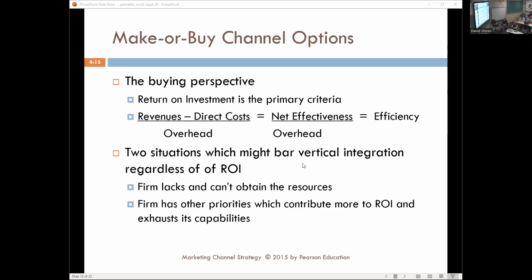ROI stands for return on investment. If you're a financial guru, if you're the average individual, the only reason you should be investing is for a higher return on investment.